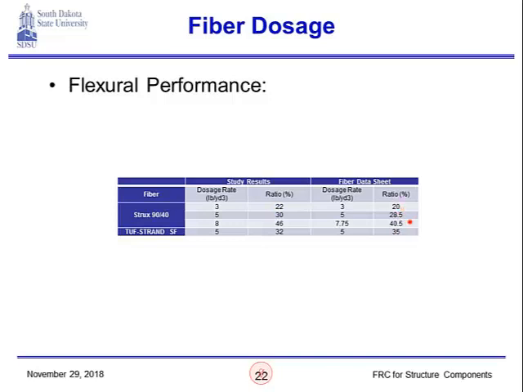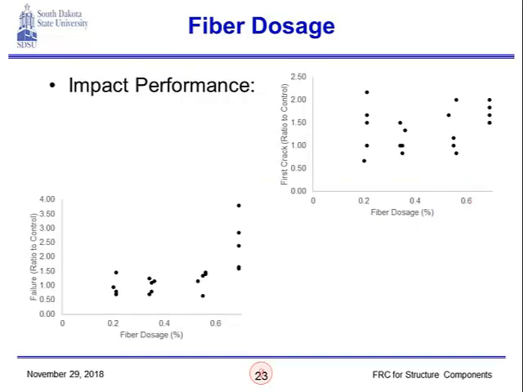So we have 22 versus 20, 30 versus 28.5, 46 versus 40.5. The dosage is slightly different here, so that's why we have a slightly lower value. And then for this one, 32 and 35. So it's very comparable. We conclude that the manufacturer claims, at least for these two fibers, were really spot on when it came to this particular property.